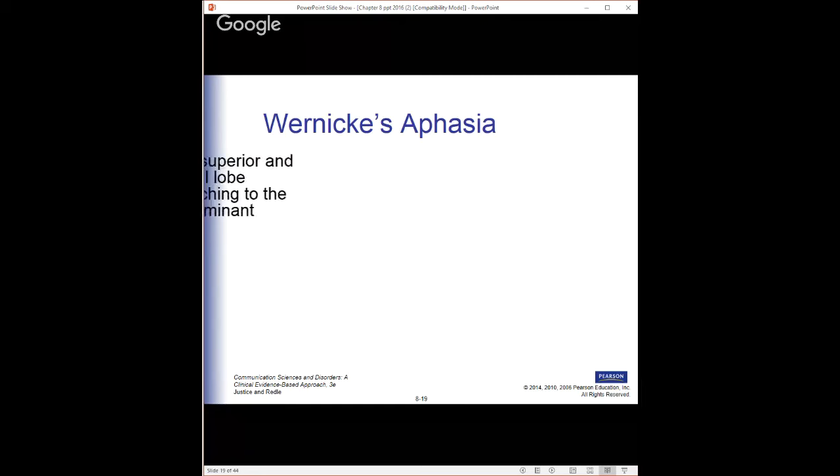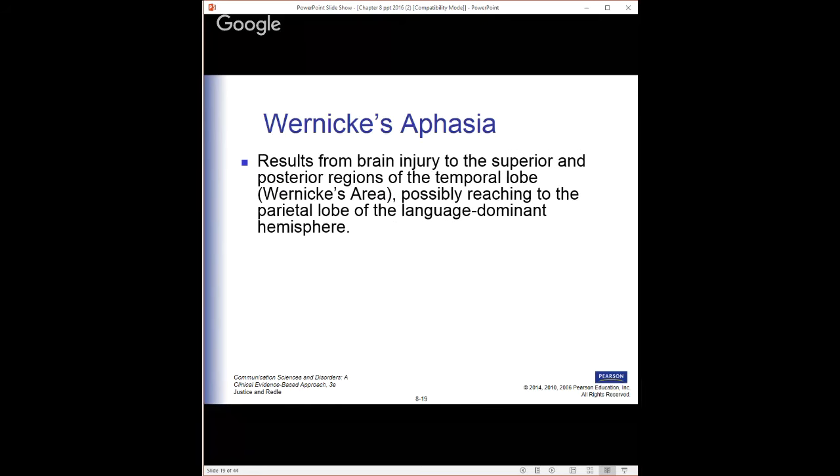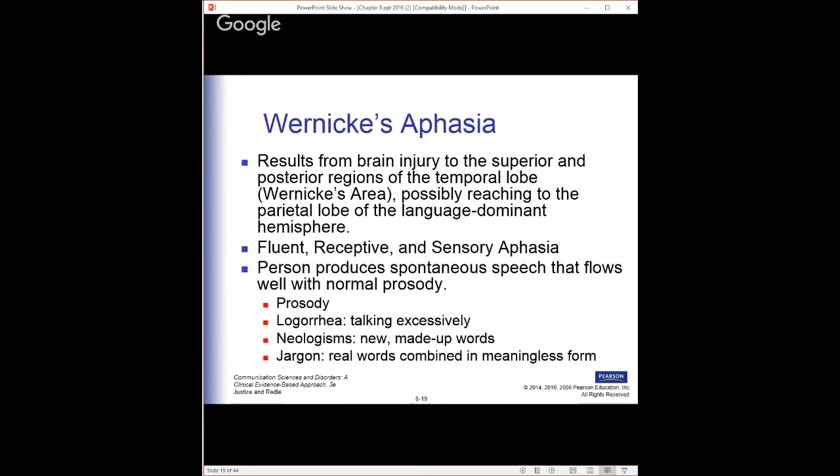Wernicke's aphasia is next, and this results from brain injury to the superior and posterior regions of the temporal lobe, otherwise known as Wernicke's area, possibly reaching to the parietal lobe of the language dominant hemisphere. Fluent, receptive, and sensory aphasia. The person produces spontaneous speech that flows well with normal prosody.